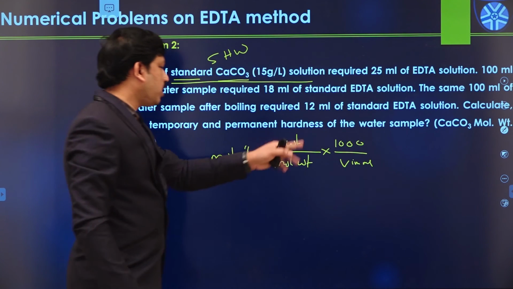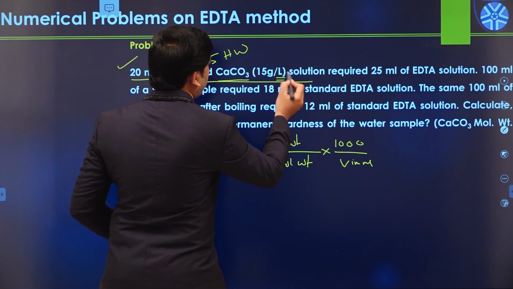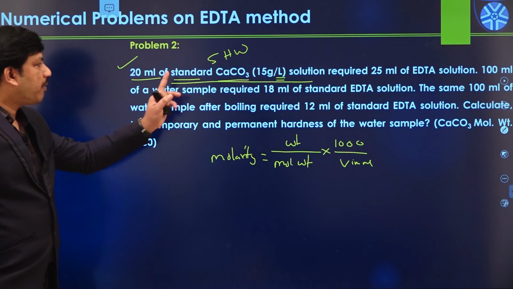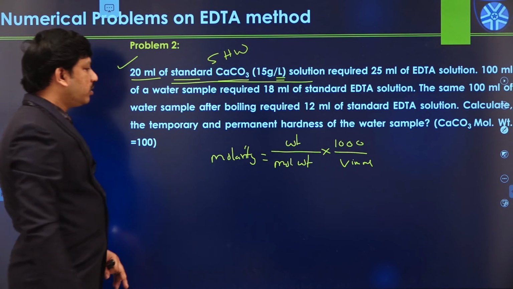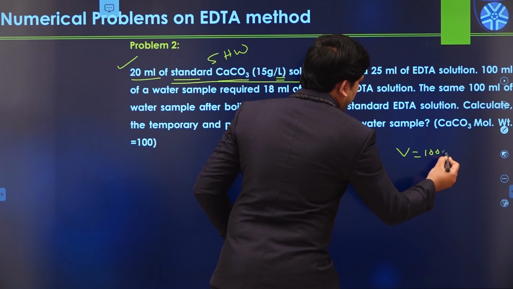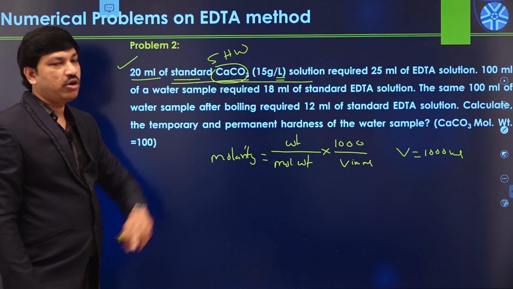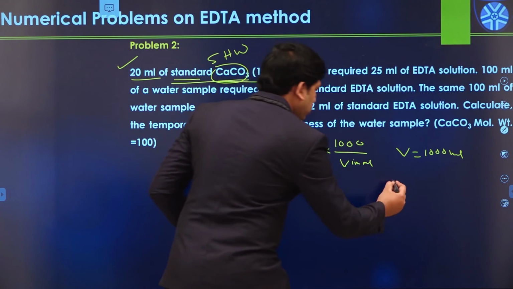Yes or not? This is the molarity formula. From this formula, for example, how much volume is there? 15 gram per liter. That means the V value in this case is 1000 ml. And what is the compound they are using? Calcium carbonate. We know the molecular weight of calcium carbonate.